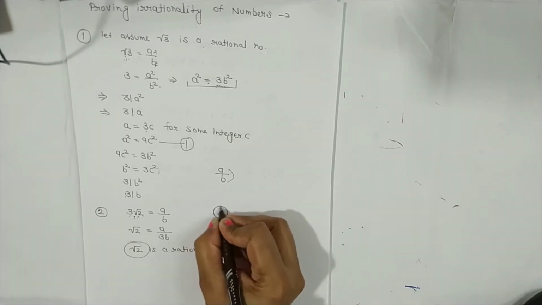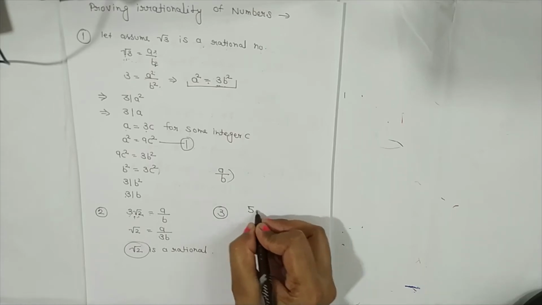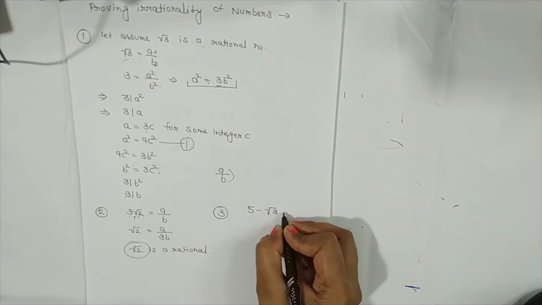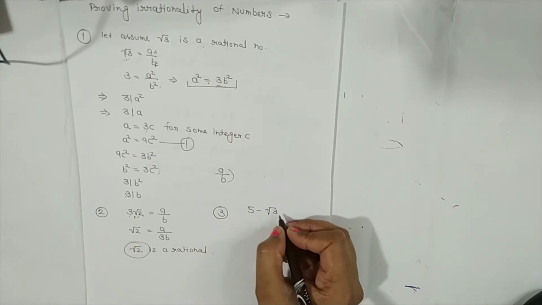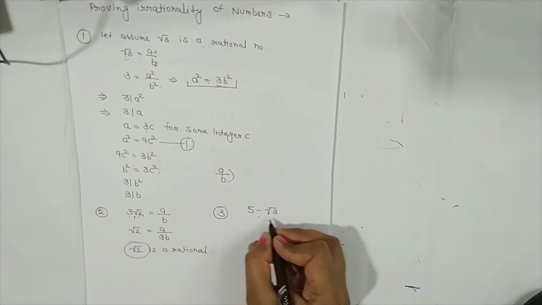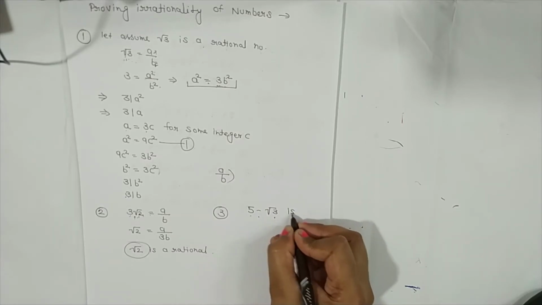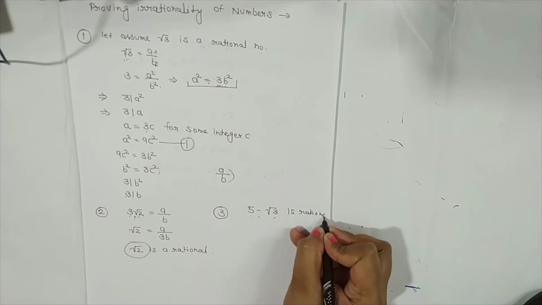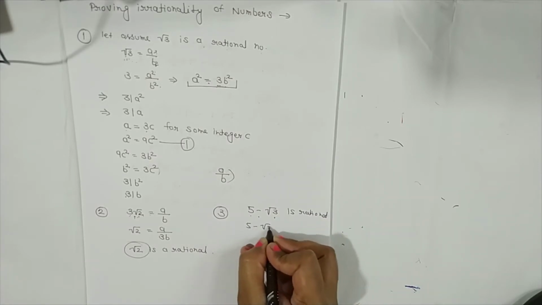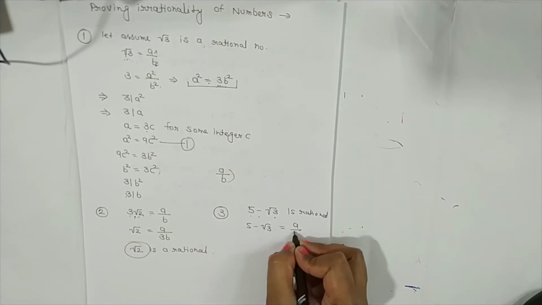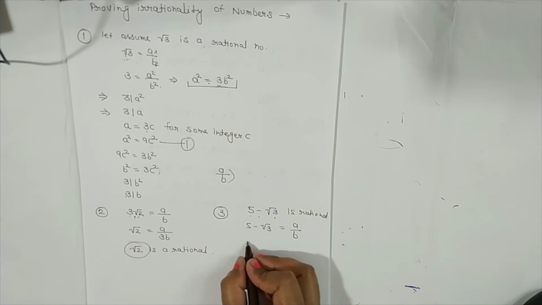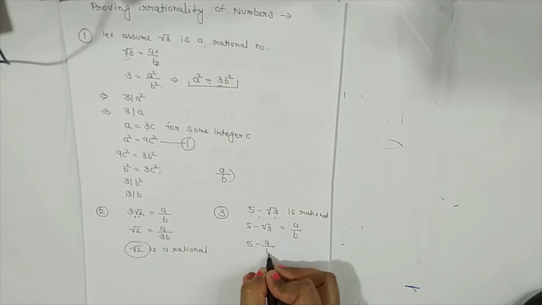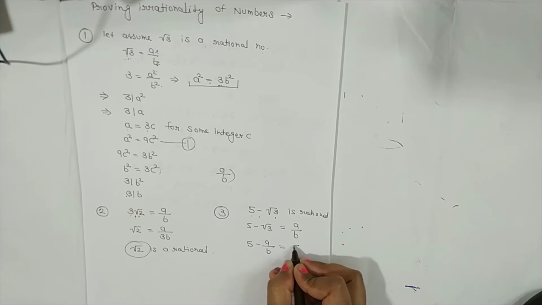Question number 3. Prove that 5 minus root 3 is an irrational number. Let us assume that 5 minus root 3 is rational. So it can be written as 5 minus root 3 equals a upon b. Now 5 minus a upon b equals root 3.